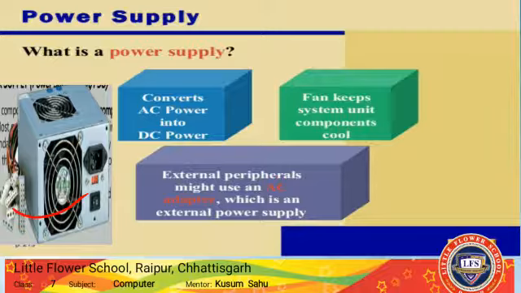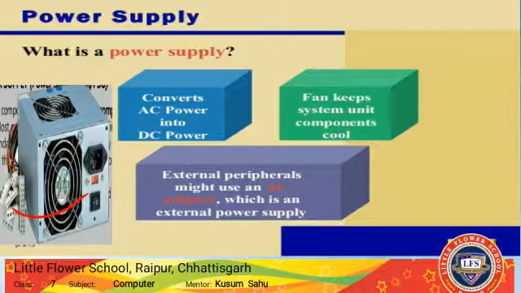It converts power coming from a wall socket into a form that is needed by the computer, meaning through which we give power to the computer. It supplies the power to the motherboard and other components of the computer through wires.